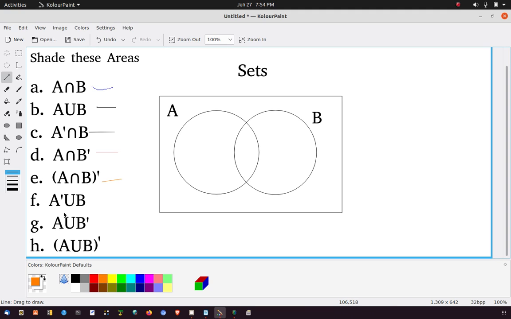Now, let's clear this and we move to the next one in line. We've done this. Now, A complement union B. We want A complement union B. Remember now that it must be in A complement alone or B alone, or in both.